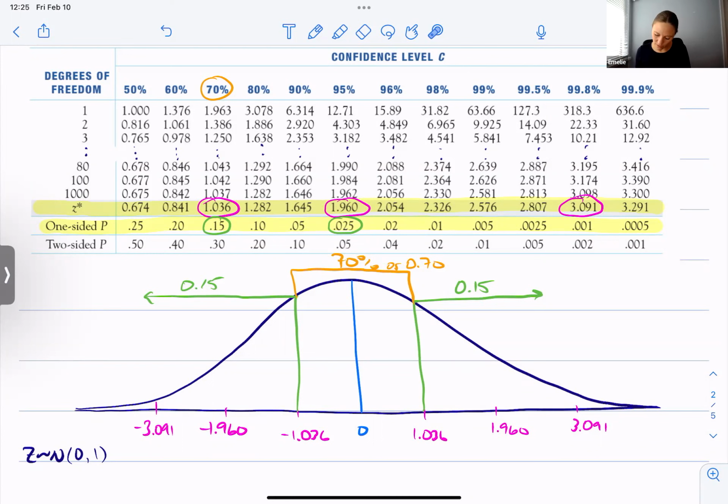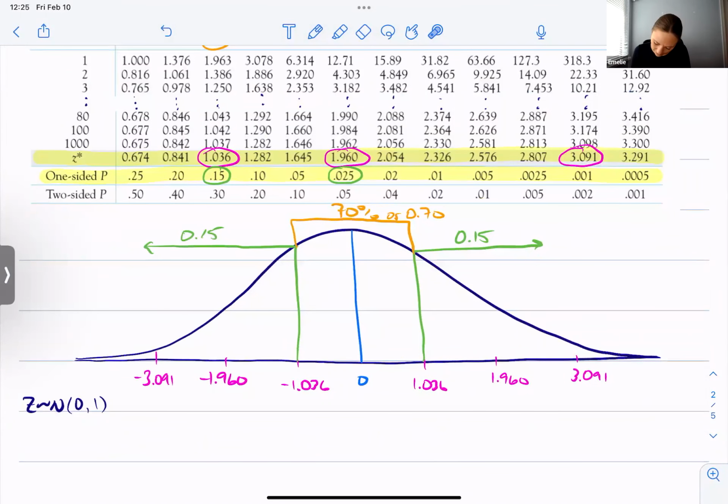And so now I have 0.025. So 2.5% in the upper tail and also 2.5%, or 0.025, in the lower tail.